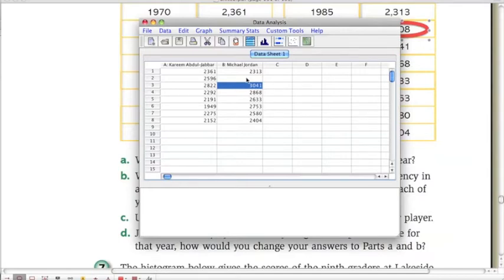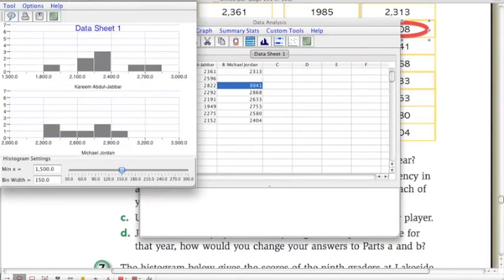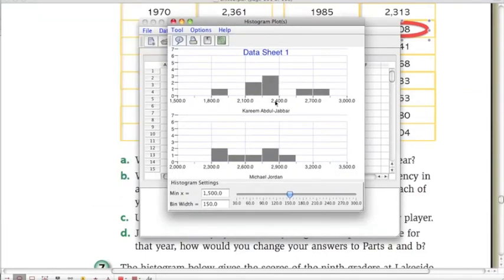When you look at the statistics for this, let's look at histograms first, side-by-side histograms, or rather over-under, for these data. Now you should be able to see that Kareem's data is a bit more spread out. In other words, the middle two-thirds, which is what the standard deviation is looking at, the middle two-thirds around the mean is more spread out for Kareem than it is for Michael Jordan now.